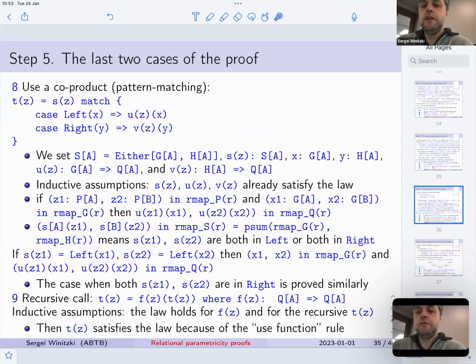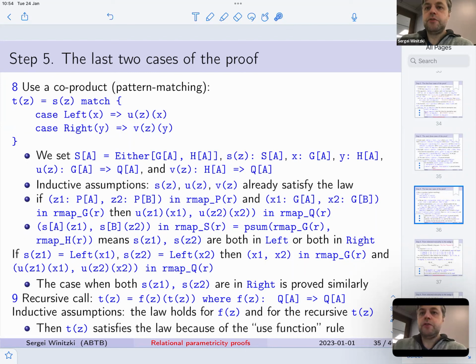So now if you write down what that means, then it means that this is in the relation R map Q, because the preconditions of the inductive assumption here and here are satisfied, because x1 and x2 are in the relation that we need it to be, R map G of R, by inductive assumption for S. In case they're both left, and in case they're both right, then it's the same for the right part.